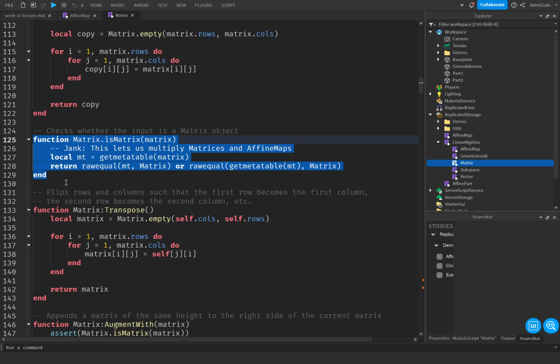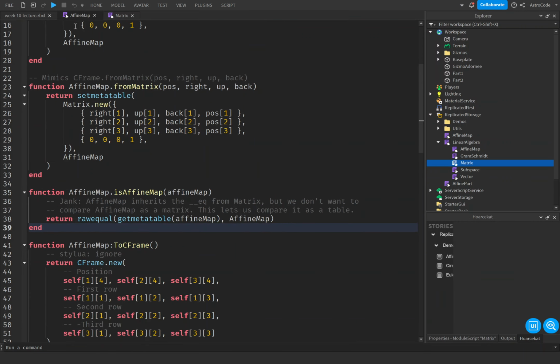So here, this also has some jank to it. I don't want to talk about it. If somebody actually wants to know what the issue was and how I fixed it, I'll answer after class. But for now, we'll just go with it.